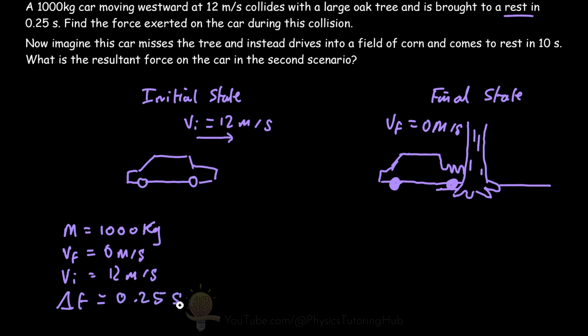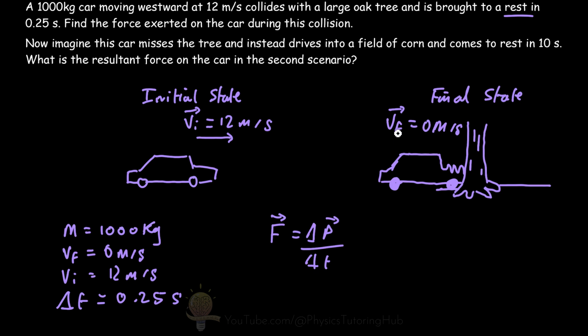which is 0.25 seconds. Now, because we're dealing with vectors here, for example, the force is a vector, the momentum is a vector, and these velocities are vectors, we need to create a simple convention that will describe which direction is positive and which direction is negative.